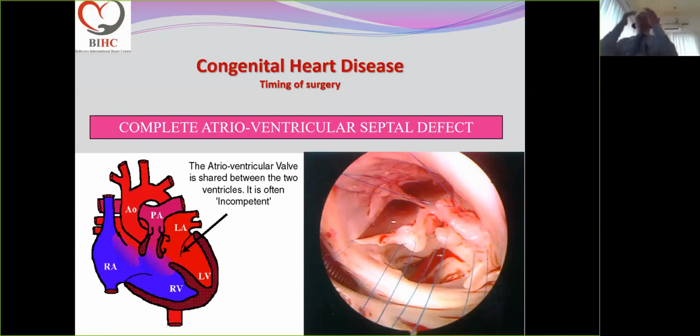So even though you're calling it ASD and VSD by following the anatomic boundaries of the atrium and ventricle, what is there with the AV valve open is a common defect. And this is the actual pathology specimen demonstrating that here is the ASD part and here is the VSD part. You can see that this is a surgical photograph because there are stay sutures which are going through this to expose the defect.